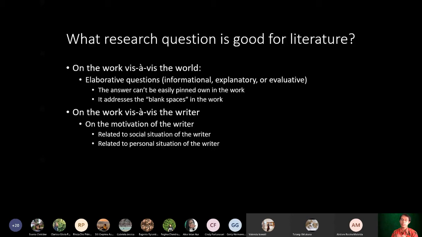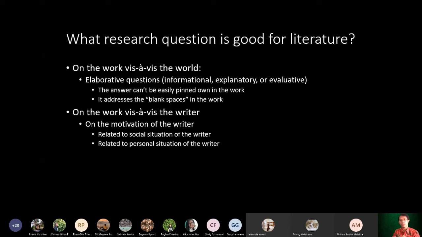In the case of the aged mother, I don't know what the motivation of Matsuo Basho is in writing that short story, but if we want to find his motivation, first of all, we need to look at the work, of course, what kind of work it is, what the story of the work is, and what kind of social situation Matsuo Basho lived in, and what kind of religious teachings Matsuo Basho followed.